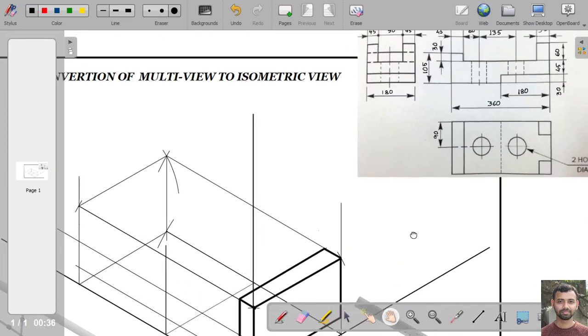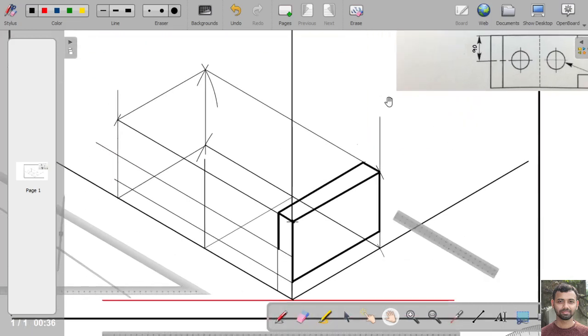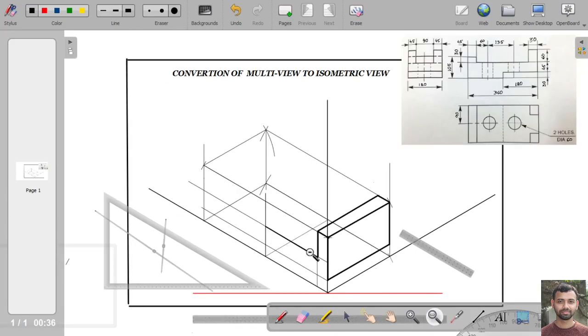Now we can make this portion thicker. So we can make this line a thick line. Rather, we can make this line a thick line, the lower one.